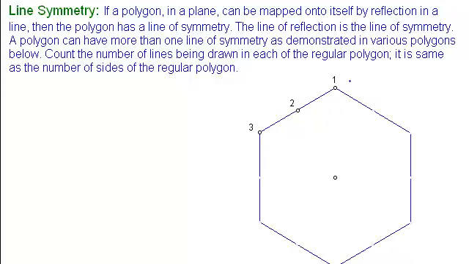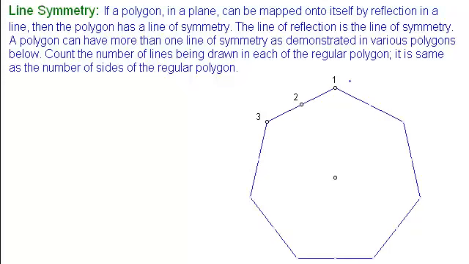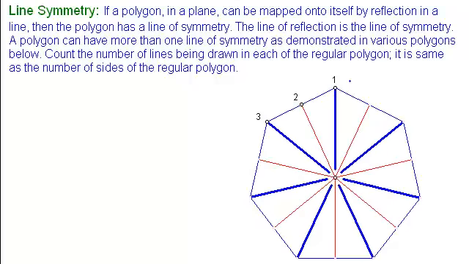If we continue doing this, let us do it when we have 7 sides. You can count starting from 1, then 2. We can count from the midpoint, or we can count from here.